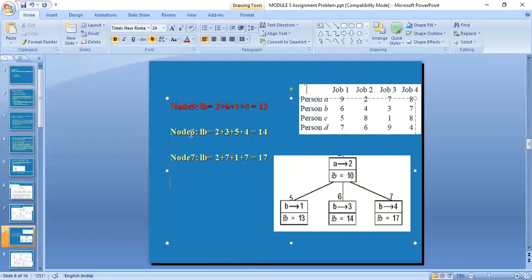Now you got to know how to calculate the node value. So now we will see for node 6 how it has to be calculated. If you come to node 6, how is the calculation being done?